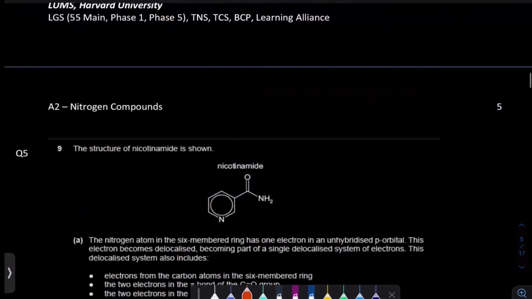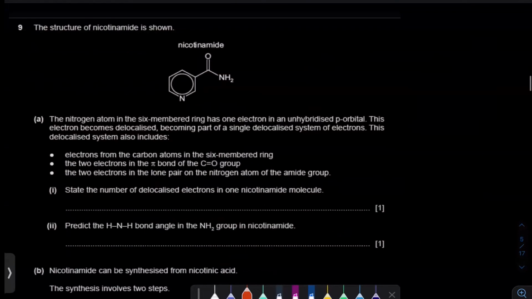Okay. The structure of nicotinamide is shown. ठीक है? State the number of delocalized electrons in nicotinamide molecule. कितने electrons होंगे? Delocalized electrons. Electrons from the carbon atom, 2 electrons in the pi cloud from the C=O, and 2 from the lone pair of nitrogen.